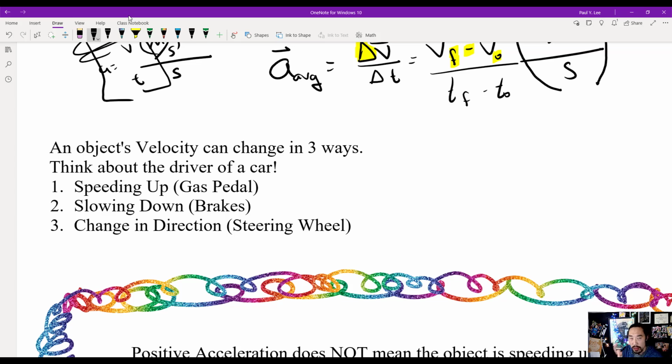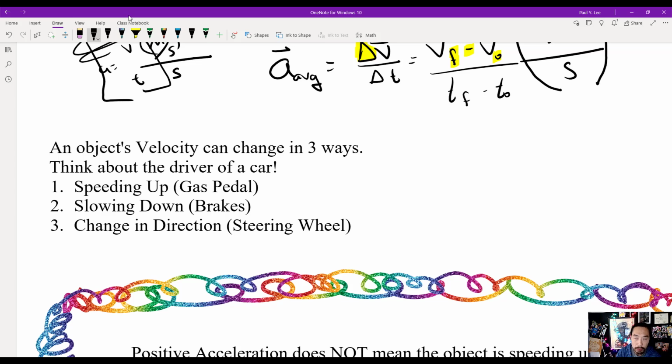You can do three things to change the motion of the car. You can speed up by pushing the gas pedal, so that makes the car go faster. You can push the brakes, which makes it go slower, and you can have a change in direction, which is the steering wheel. So speeding up, slowing down, or changing directions are the three different ways that an object can experience acceleration.